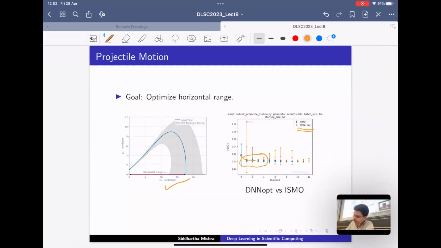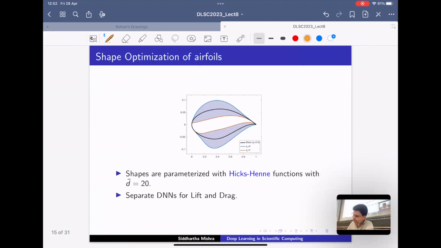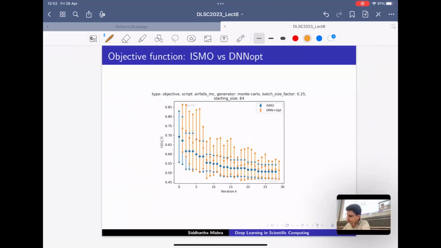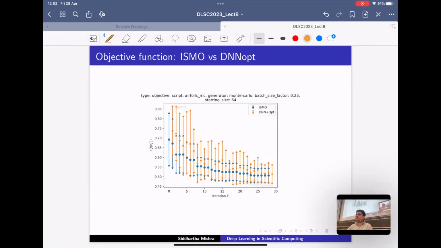But let me show you the results for the airfoil one. Here are the results, and these are very interesting. Let us look at the baseline. The baseline is where I replace my numerical method, a Navier-Stokes solver or Euler solver, with my DNN. This is what is called DNN opt. I should use another color, red. And then you can see this as a function of iterations.